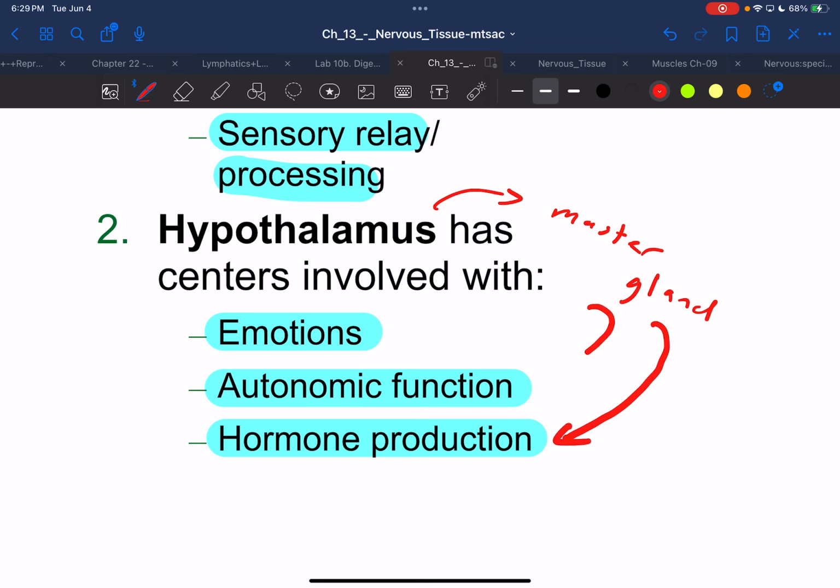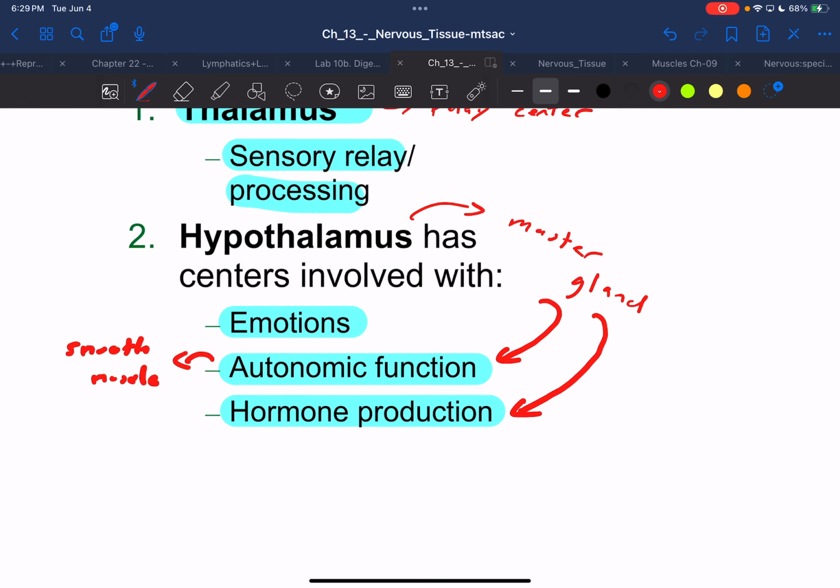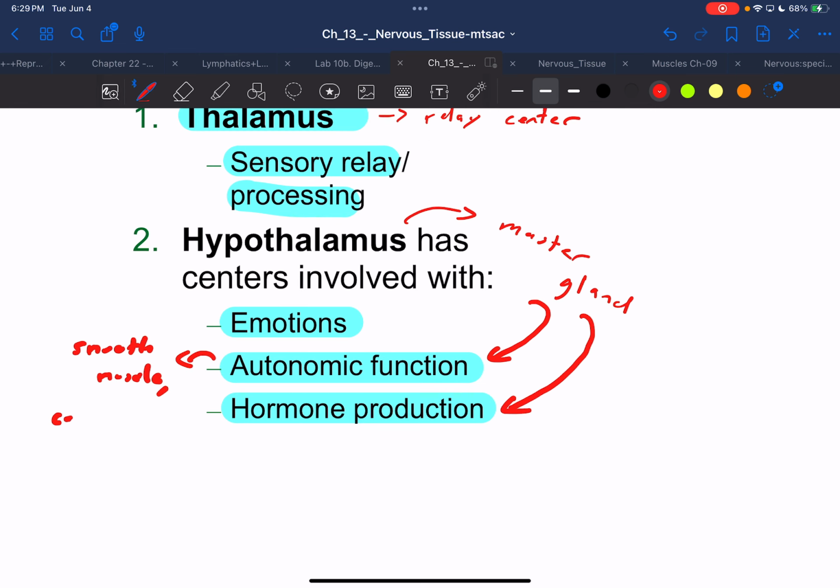It also does a majority of your autonomic functions. Again, an example of this is smooth muscle contractions, cardiac muscle, glands, what's part of your autonomic functions.